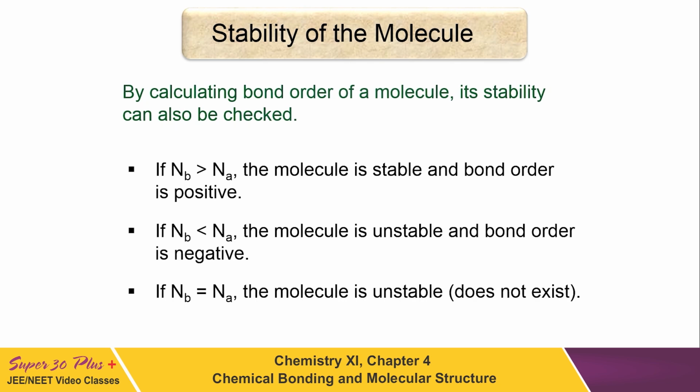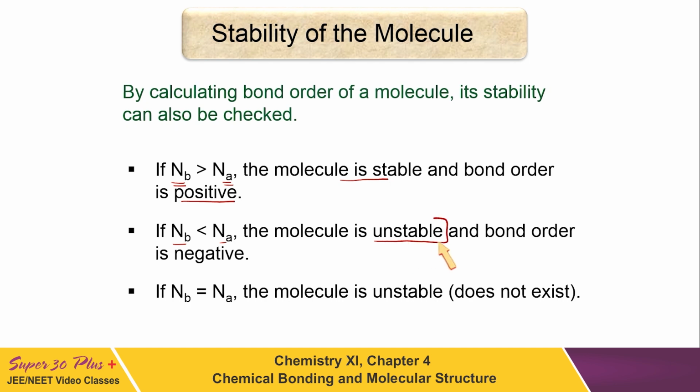When you have to find out the stability of a molecule, by calculating the bond order of a molecule, you can check the stability. If the number of electrons in BMO, Nb, is greater than in ABMO, then the molecule is stable and the bond order will be positive. If the number of electrons in BMO is lesser than in ABMO, then the molecule is unstable.